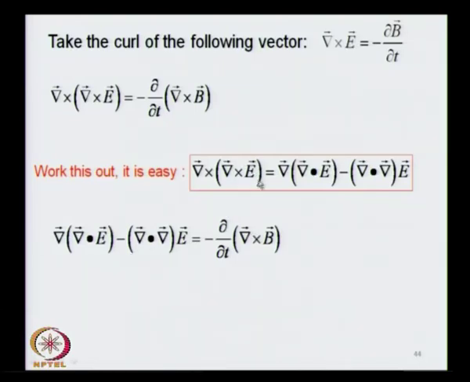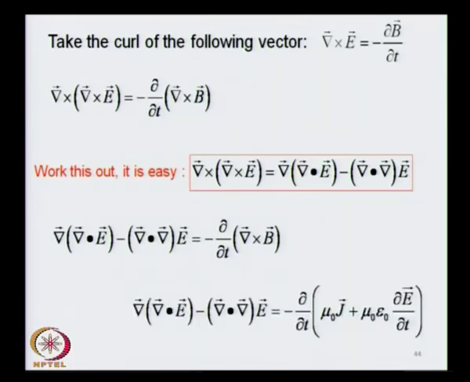The curl of E is nothing but minus del B by del t. So, you have this result, right. We are all together, and now from the earlier expression we have the curl of B given by mu 0 J plus this term which Maxwell added.